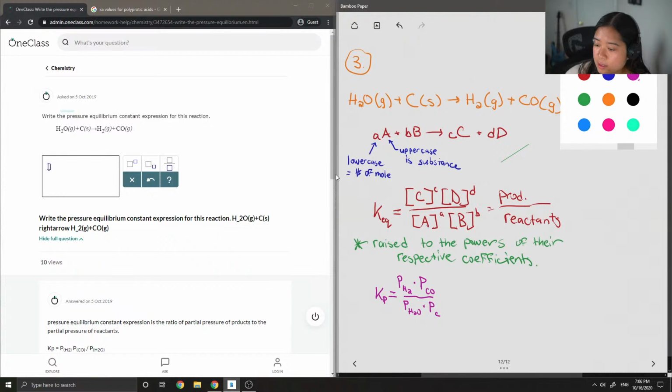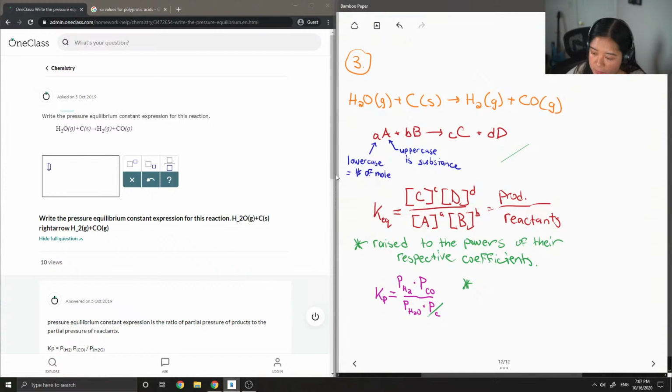But another important thing to remember is that because carbon is a pure solid in this reaction, it's going to be omitted from the final expression. So solids and liquids are omitted. And this is just because their activities are equal to 1.